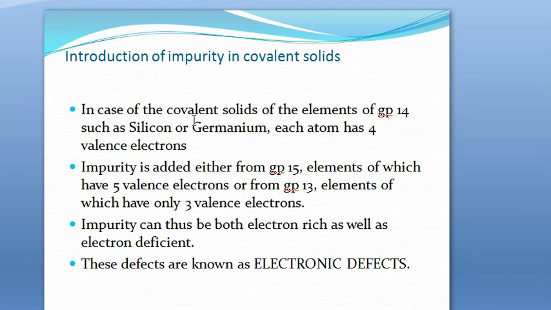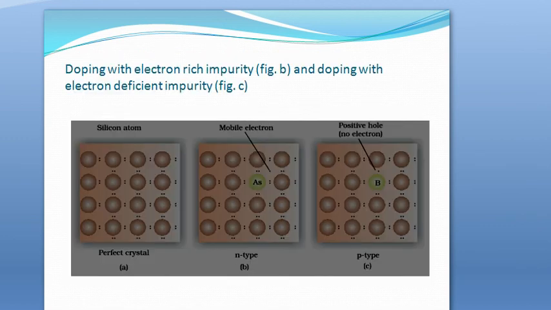Now see, in case of the covalent solids of the elements of group 14, such as silicon or germanium, each atom has 4 valence electrons. Carbon family में होते ही ये सबके 4 valence electrons. Now impurity अगर आपने add की group 15 से, what happens? Group 15 में 5 valence electrons है. That is why ये जो arsenic यहाँ impurity आया group 15 से, there's a mobile electron also.